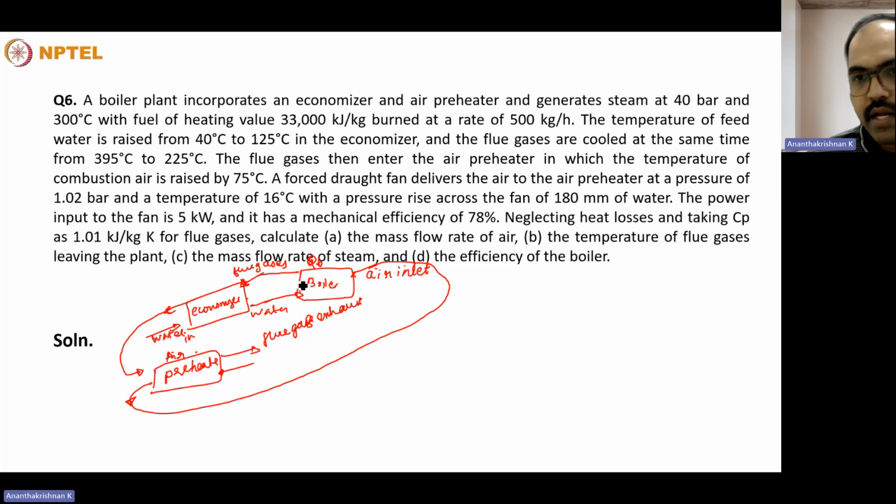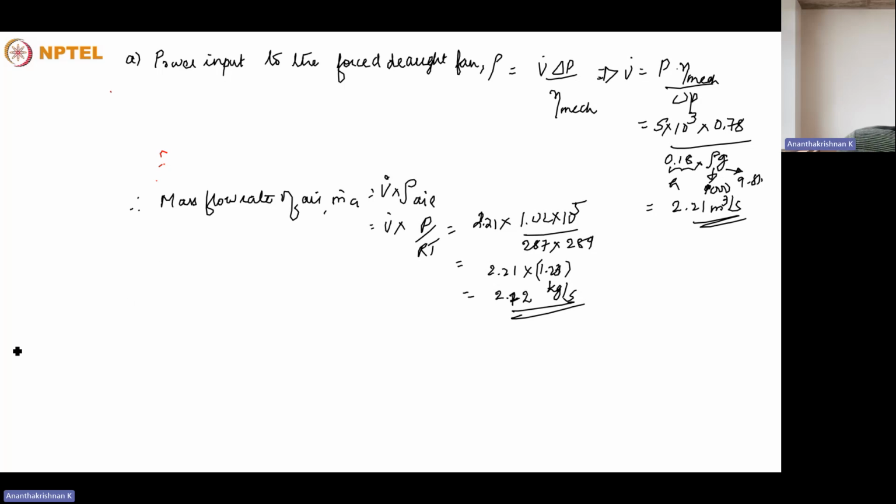We know the mass flow rate of the air, and we can easily get how much energy is being transferred to the flue gases in the preheater. So the flue gas temperature reduction in the preheater is not mentioned. That's why we have to go for this kind of an approach.